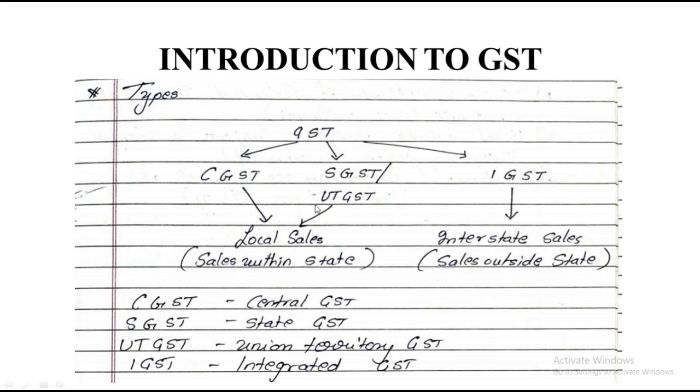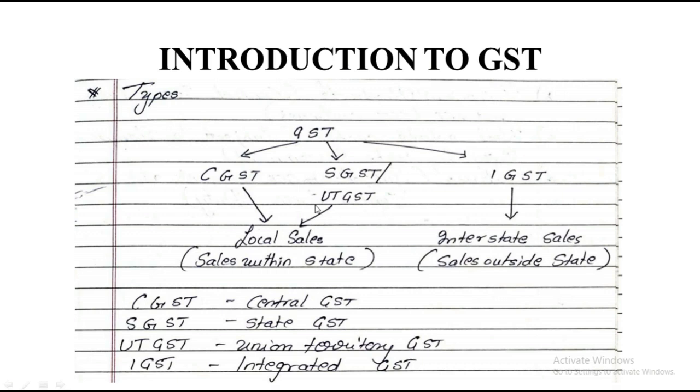For example, if the supplier is from Mumbai and the buyer is from another part of Maharashtra, let's say Pune, both Mumbai and Pune come under the same state. It will be called local sales, and here GST will be split into CGST and SGST.